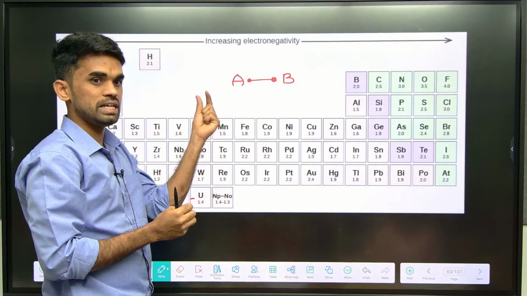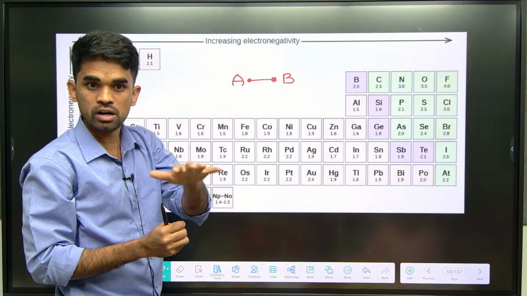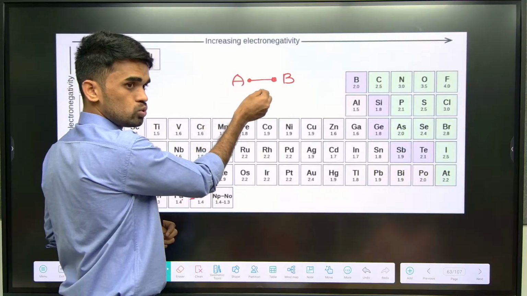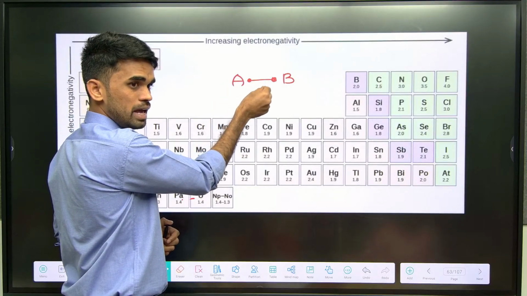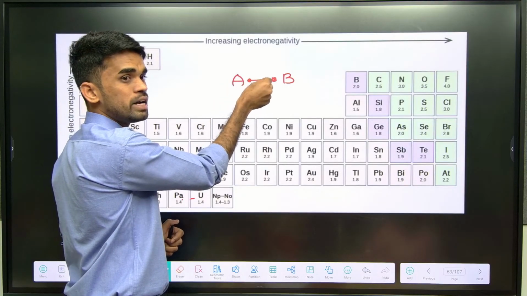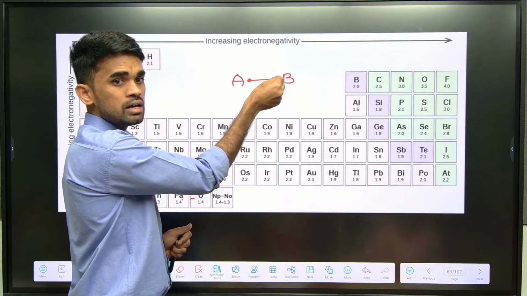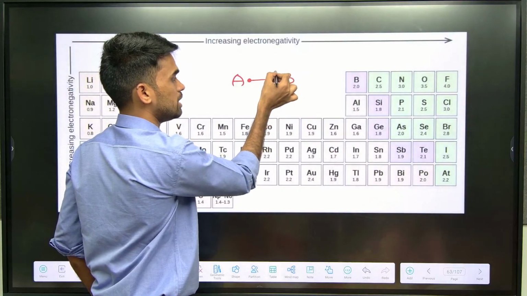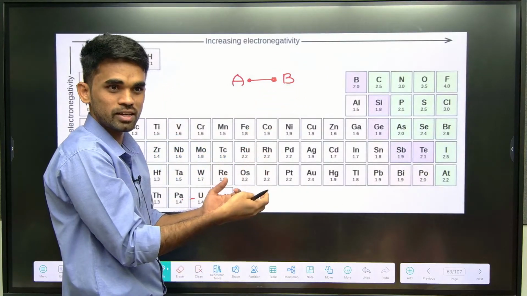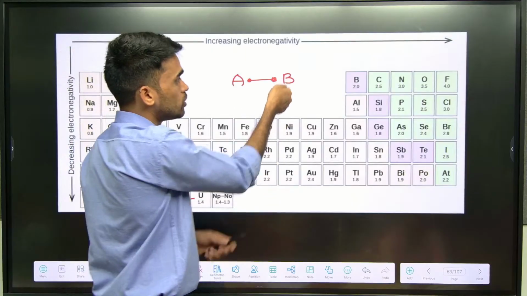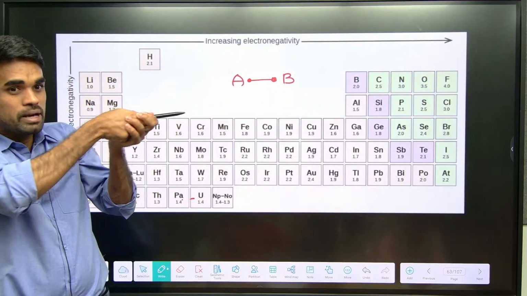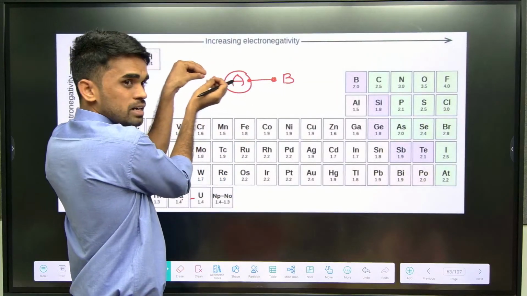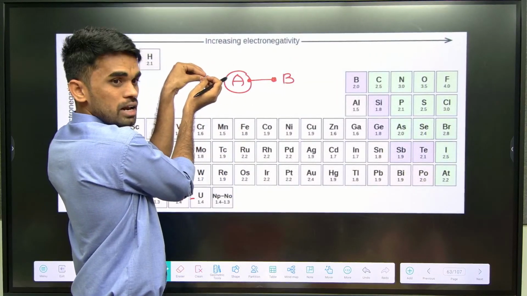So electronegativity is given in covalent bonds only, first of all. Now once again I will define this. The tendency to attract the bonded pair electrons in a covalently bonded molecule is called electronegativity. Let us say A element is having more tendency to attract bonded pair electrons towards itself.